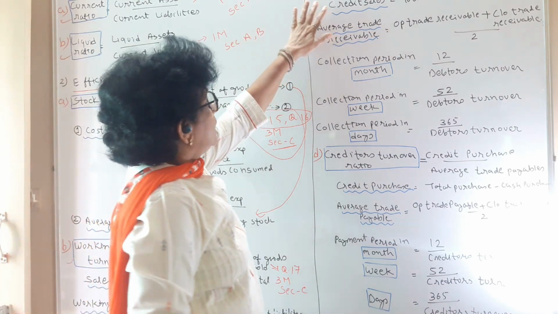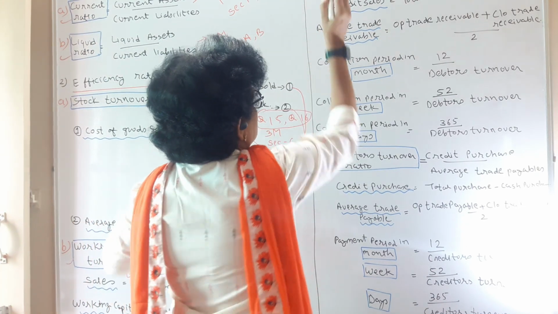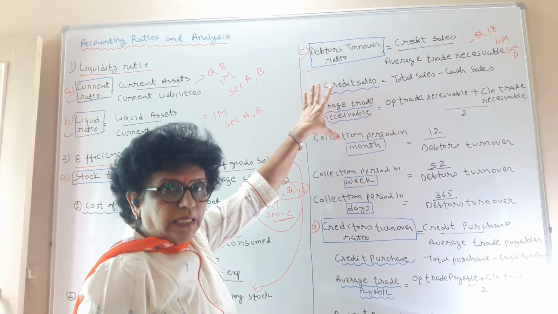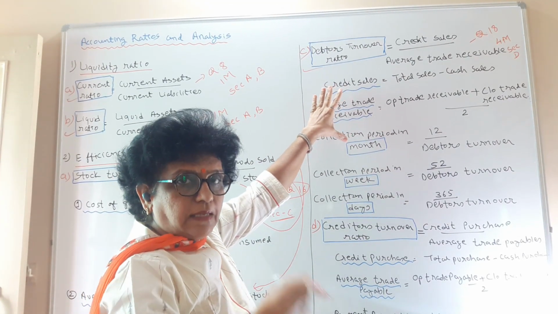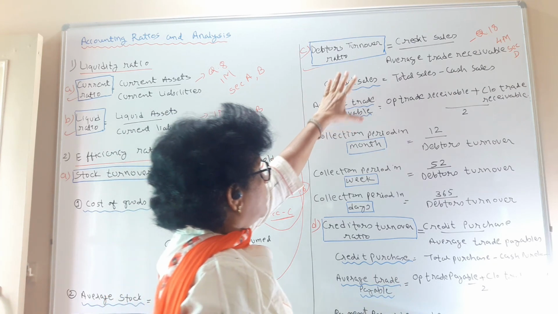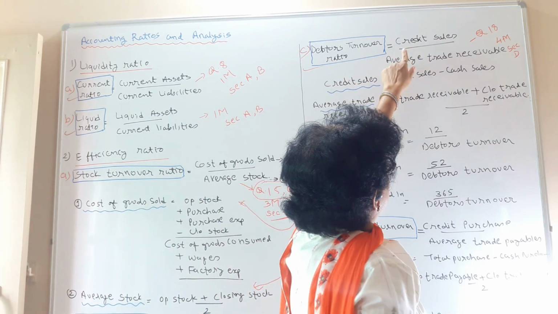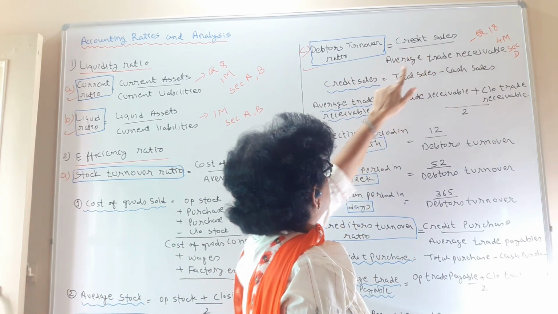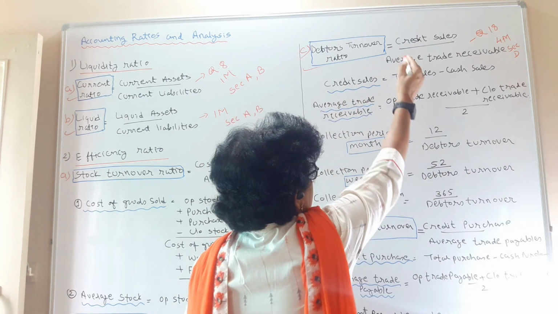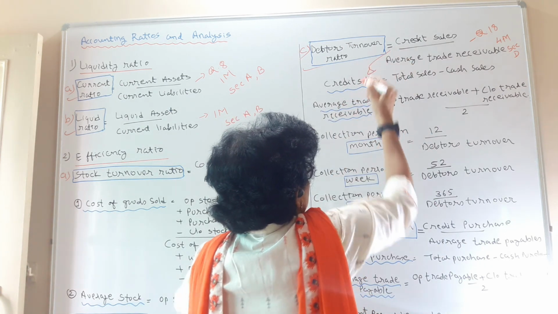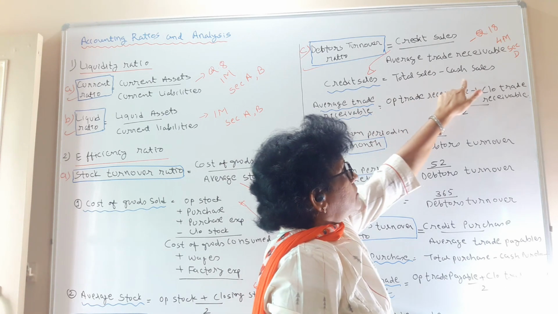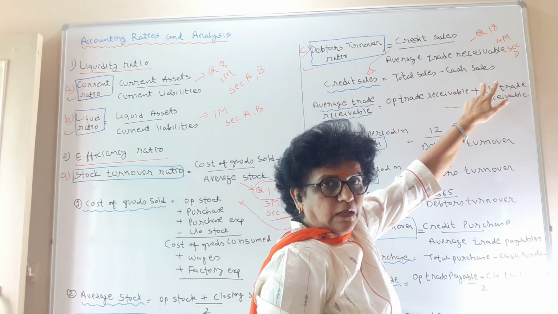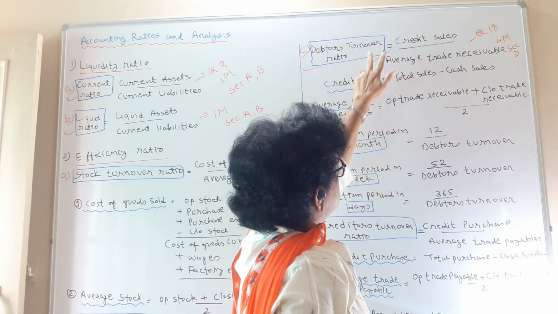The next one is the debtors turnover ratio. Our debtors are there. How many times are we getting cash from them? So credit sales. Now see, the word credit sales is required. To know the credit sales, it may be that you have total sales minus cash sales. So that will give you the credit sales. That is one step.